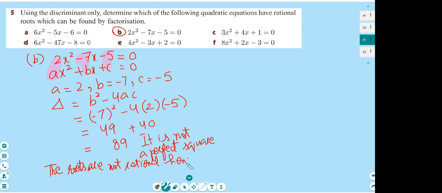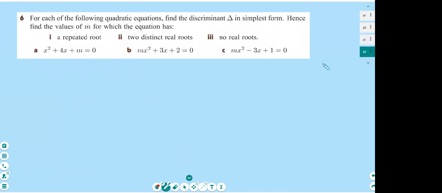Hence, cannot be solved by factorization. Right? Okay. Moving to the next question.